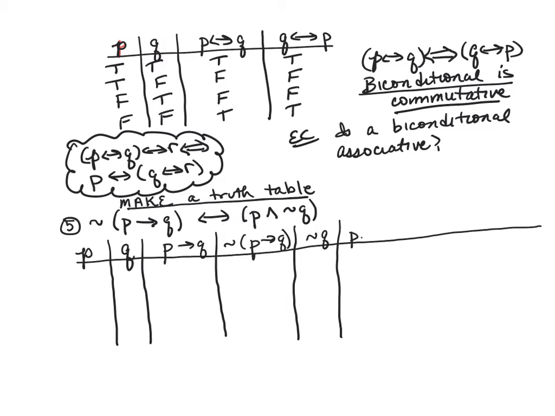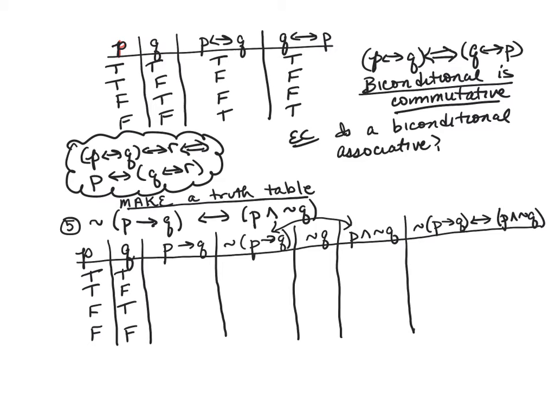And we'll do P and not Q. And then take a look at these 2 columns and form the biconditional. And remember, we have true, true, false, false. Let's all do it this way so our truth tables are the same. True, false, true, false. And pause the video and take a minute and fill in the chart.